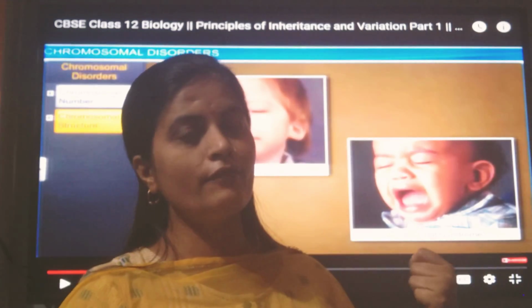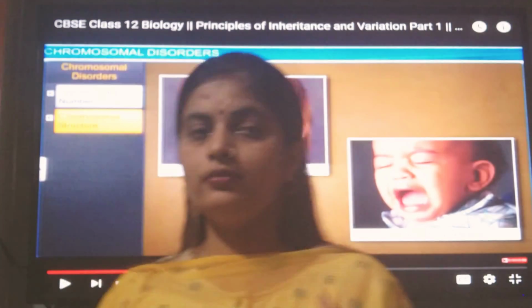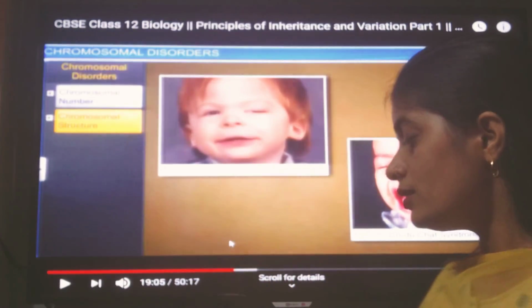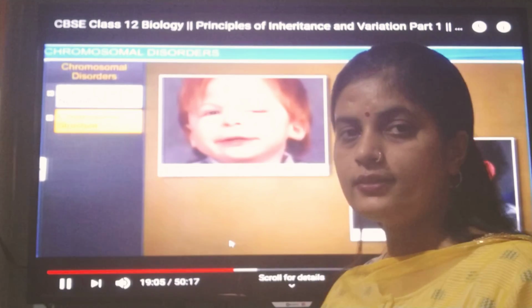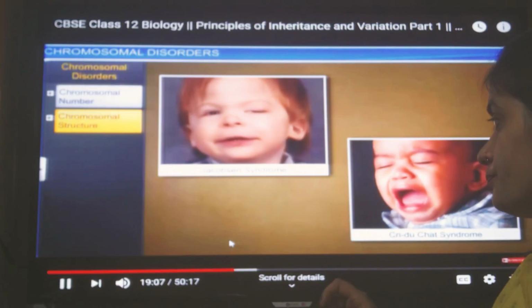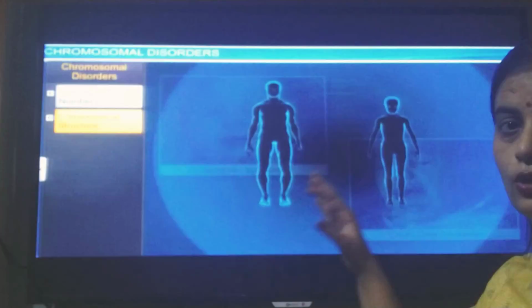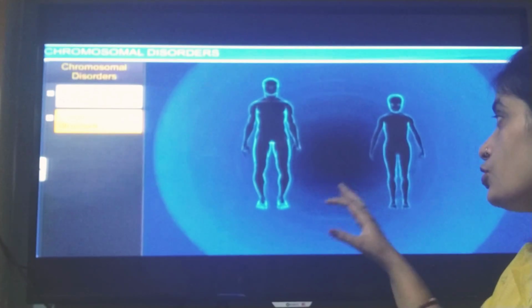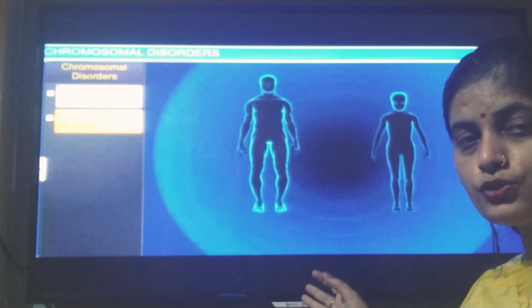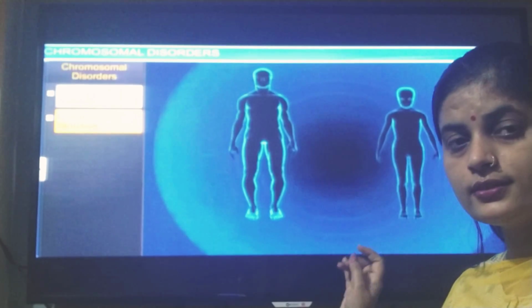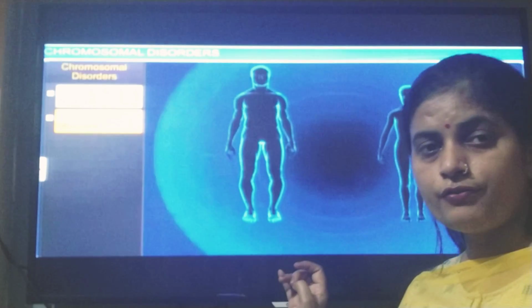And here also the development can be poor, in terms of mental, physical, and psychomotor development in this syndrome also. So chromosomal structure changes can also result in fluctuation of the growth of an individual, either a male child or a female child. This is that kind of syndrome.